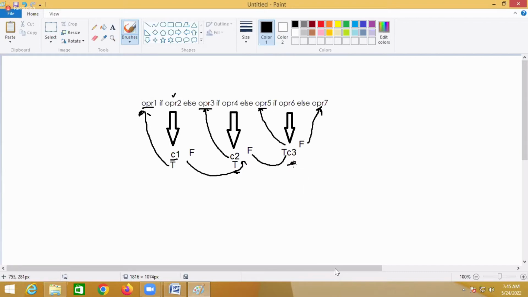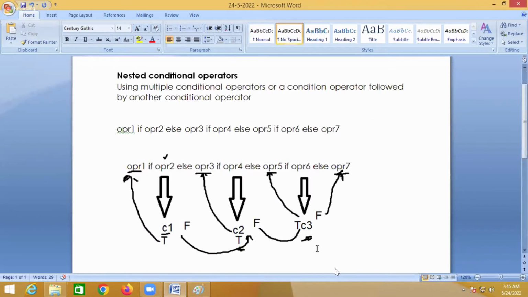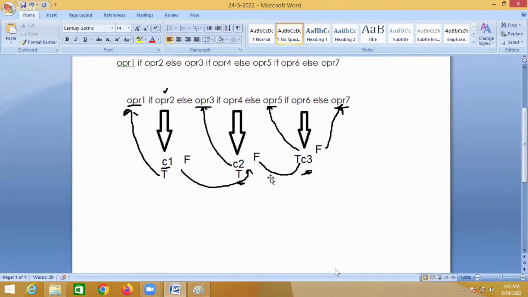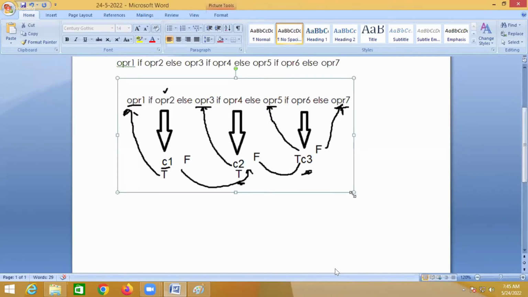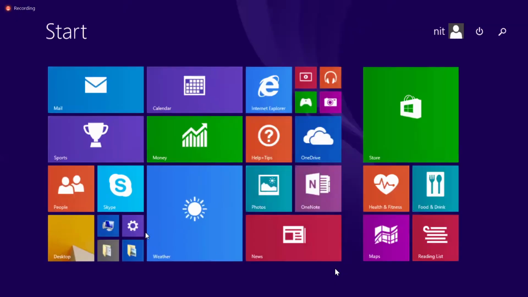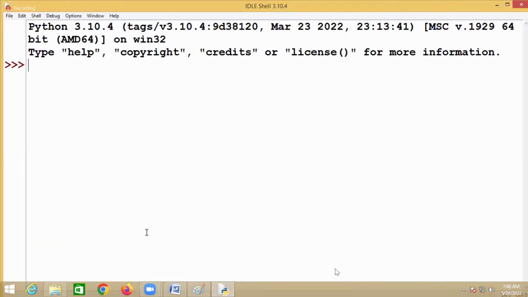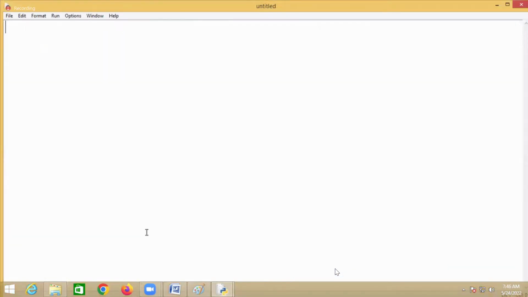If condition 3 is false, it executes operand 7. So if one condition fails, then it will try to check another condition. That is done by using which operators here? Conditional operators.